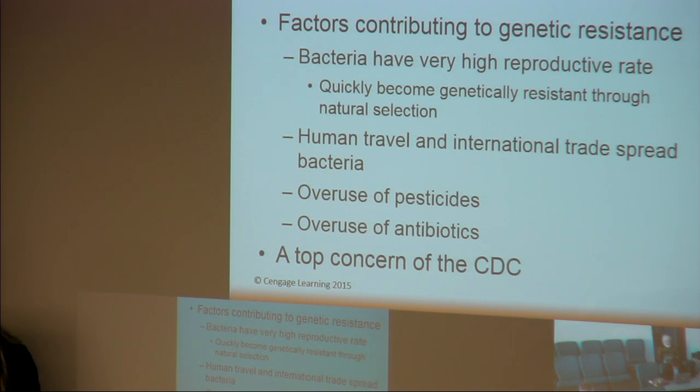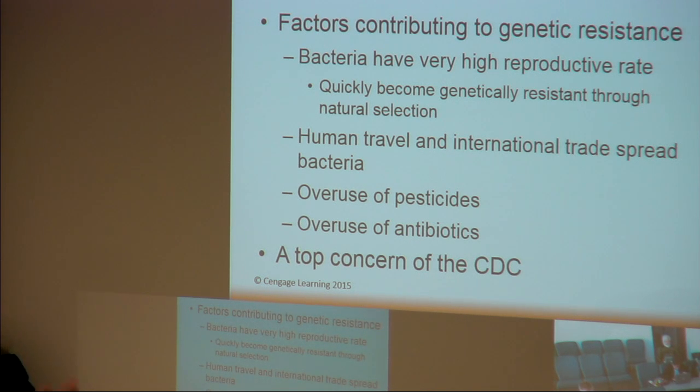Again, the overuse of pesticides and antibiotics. What they realized with the pesticides, understandably, was that this can help us have more crops and more yield. But they figured using it more was better, and more is not always better. Sometimes less is better. As they used more of these pesticides, they weren't seeing any better results.